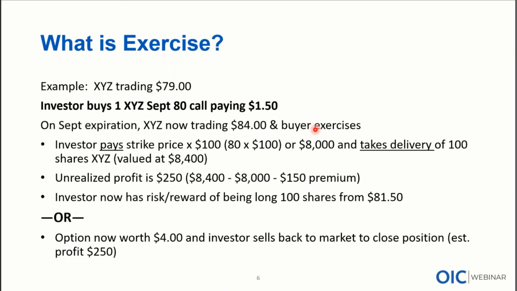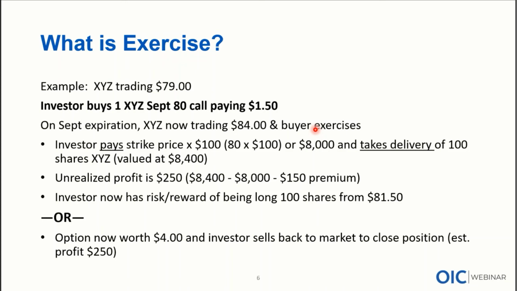Perhaps the 79 level was a strong support level and the investor was bullish. But if the support level broke or didn't hold, the stock may have suffered a major sell-off, and that was why this investor decided to not go the route of buying shares and instead purchase the options contract.